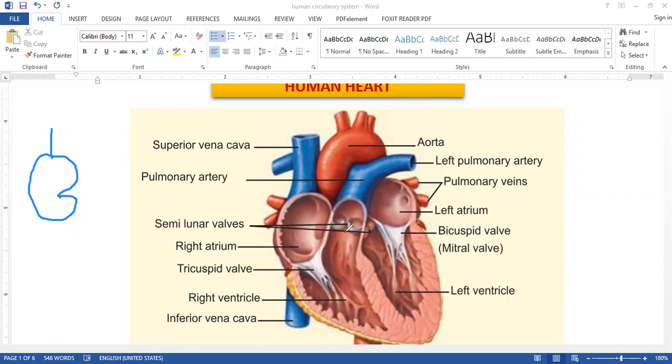The human heart is a very good organ. If you fold your hand into a fist, the size of that fist is equal to the size of your heart.